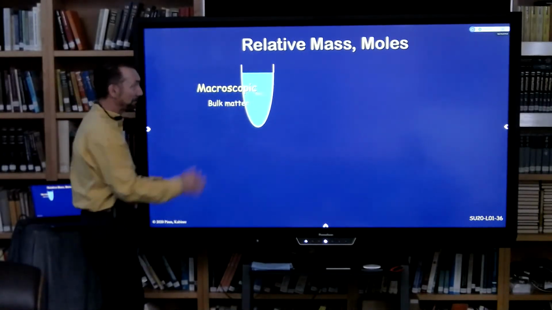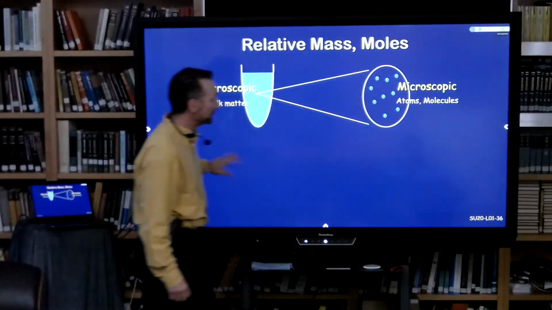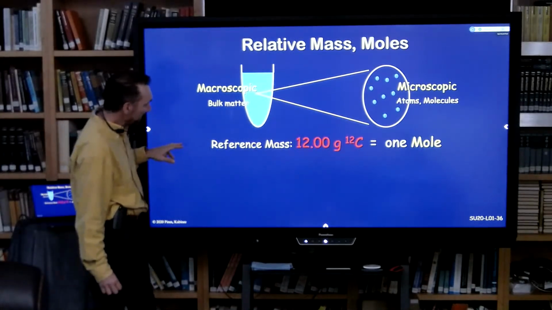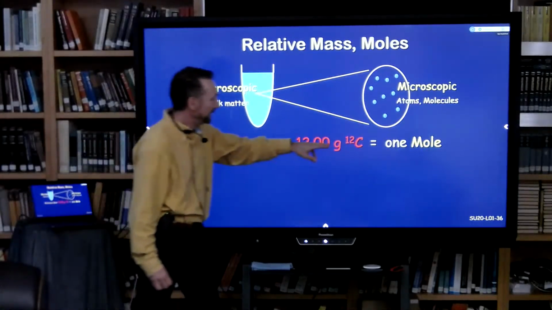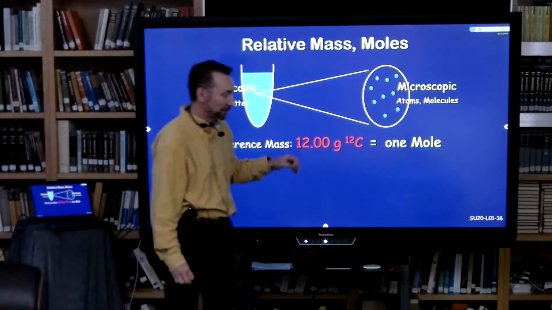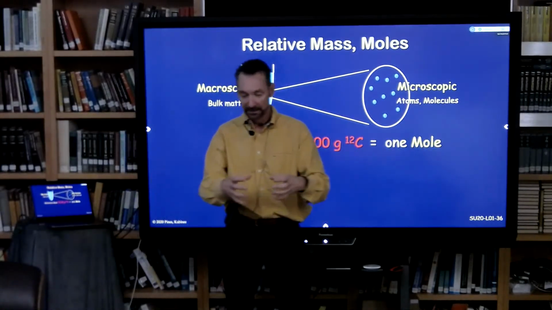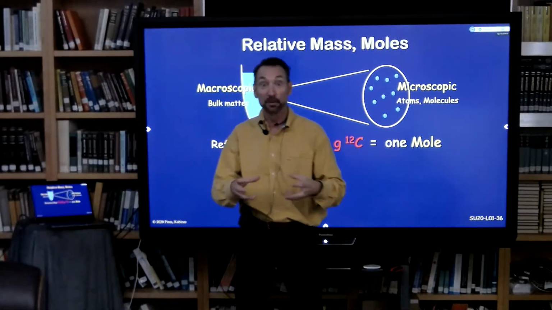So macroscopic bulk matter is made of atoms and molecules, and we are going to take as our reference mass 12 grams of carbon-12 particles. So we're going to say, put in each box the same number of particles that 12 grams of carbon-12 has.